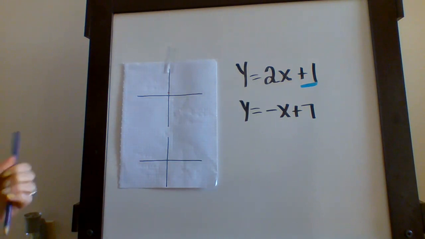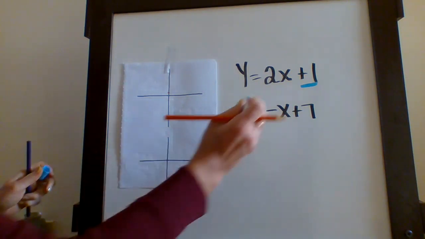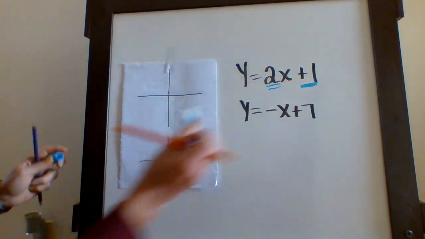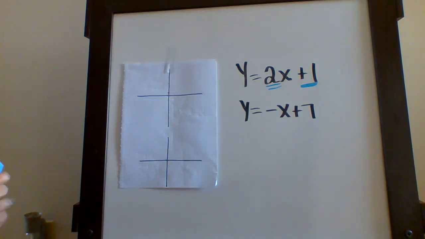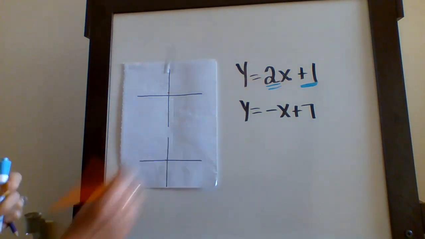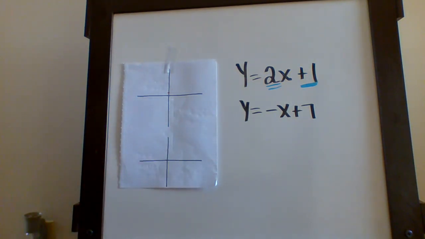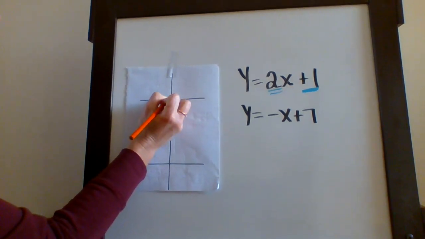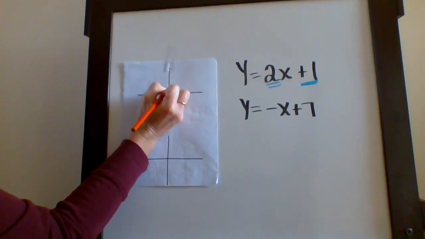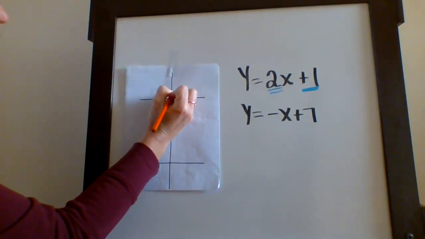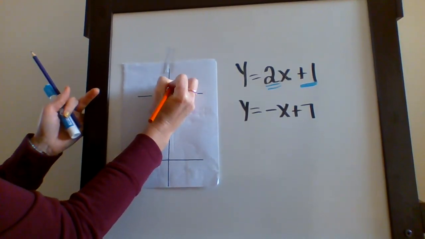Now I use my slope, which is my coefficient to x, to determine how I move that line. It's a positive 2, meaning it's going to be up 2 to the right 1. So I start at my positive 1 and I'm going to go up 2 over 1, up 2 over 1.